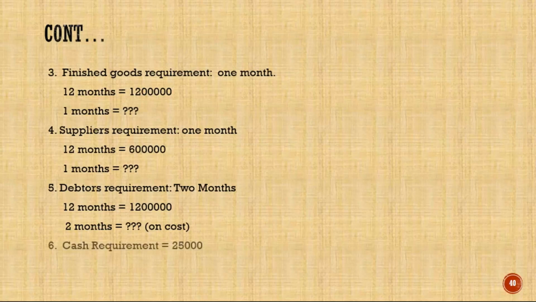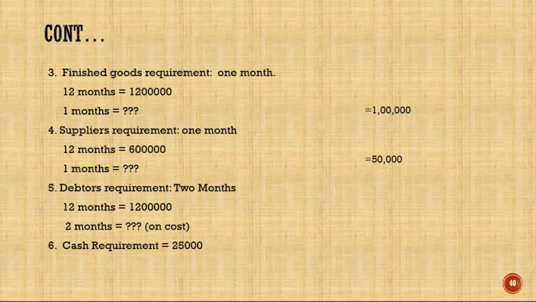And the next is the cash requirement, which is already given, but I have mentioned it here because I will refer to this working note for preparing my final statement of working capital requirement. That's why I have mentioned all the points here, so that I can take all the figures from this working note to the statement. Let us do the calculation and check whether your answer is right or wrong. Finished goods requirement is 1 lakh.